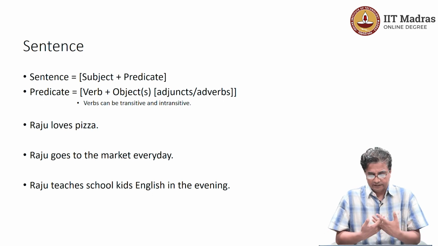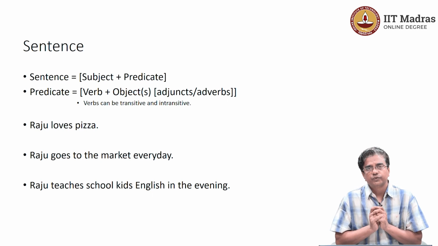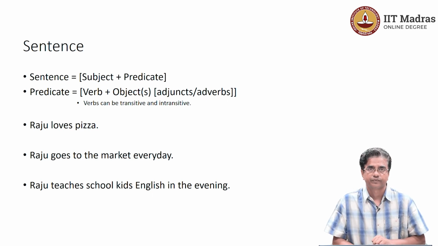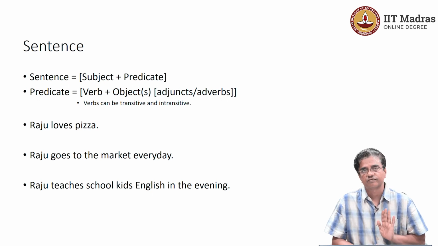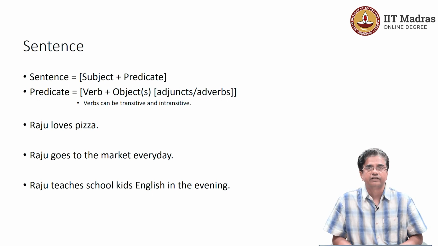So, this is where we meet adverbs for the first time in the sentence. Right here we get to know that adverbs are not closely associated with verbs. The nature of the verb will not determine the presence or absence of adverbs. However, if they are present, they are associated with the verb, in the sense that they are going to be describing a verb, they are going to be modifying a verb.